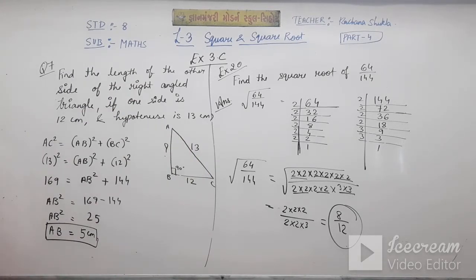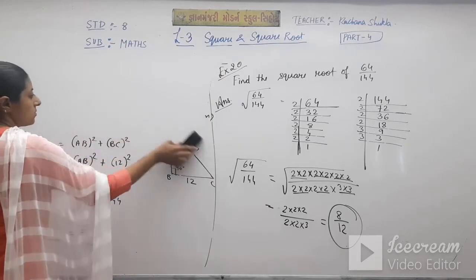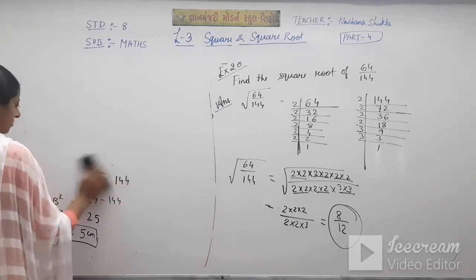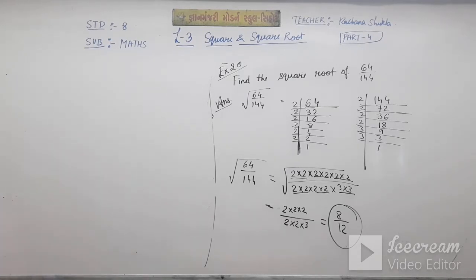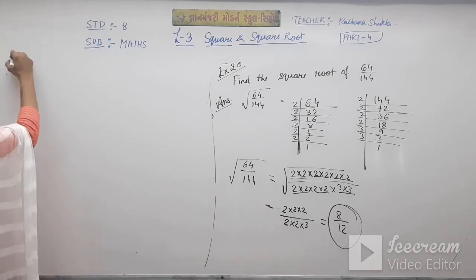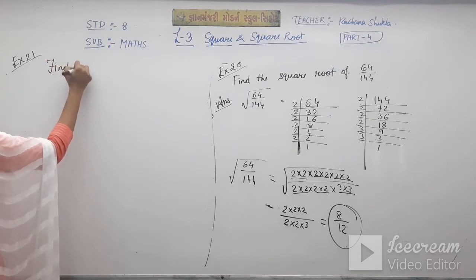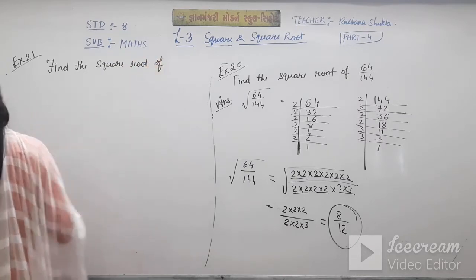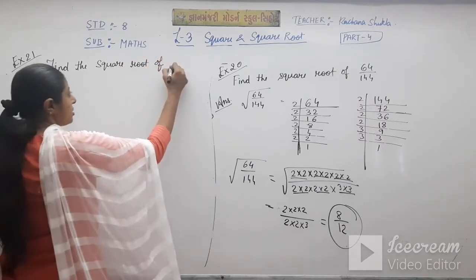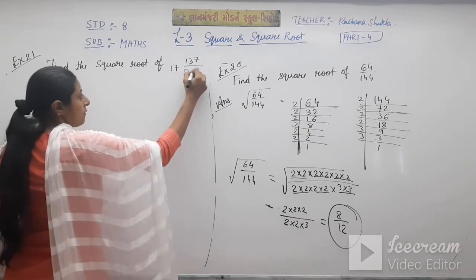Example 21. Find the square root of 17 integer 137 upon 256.